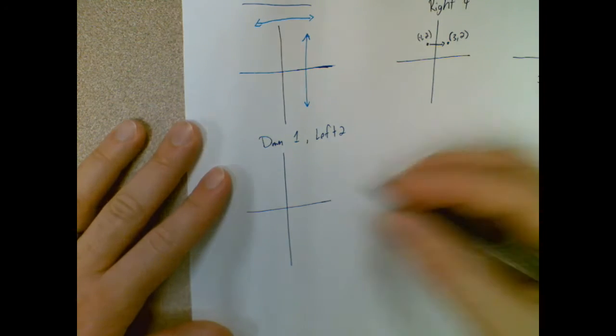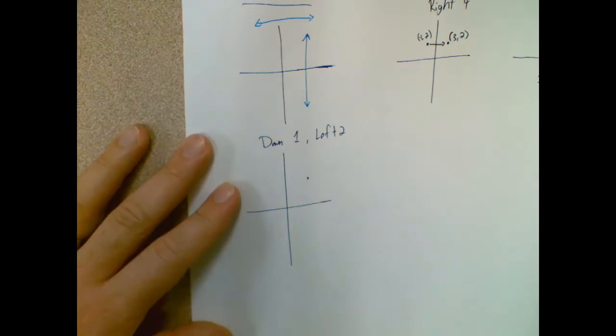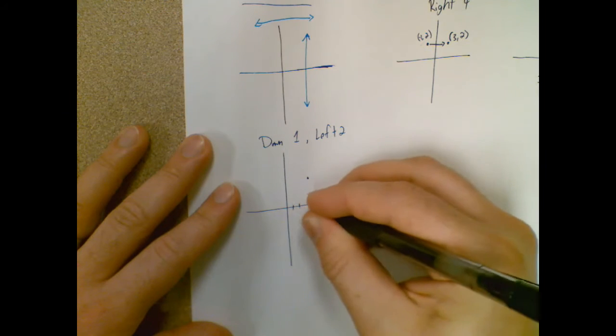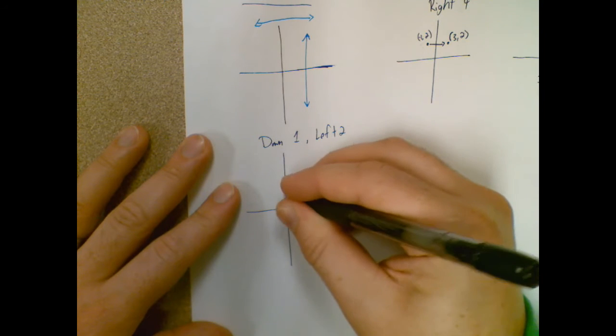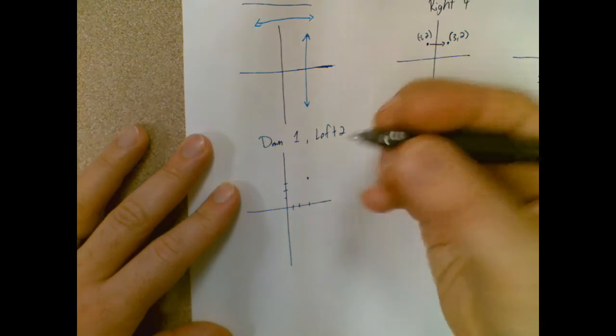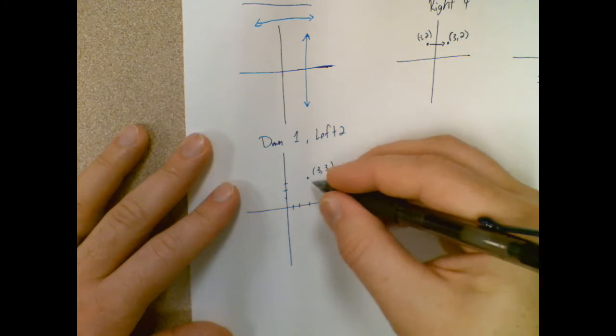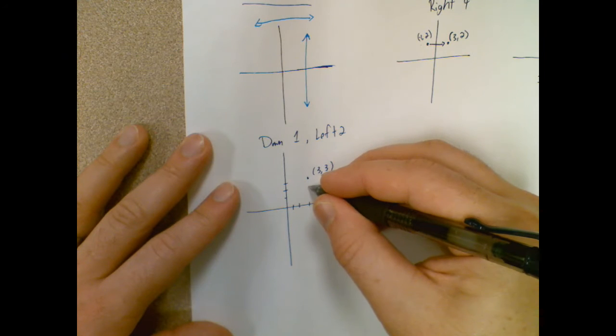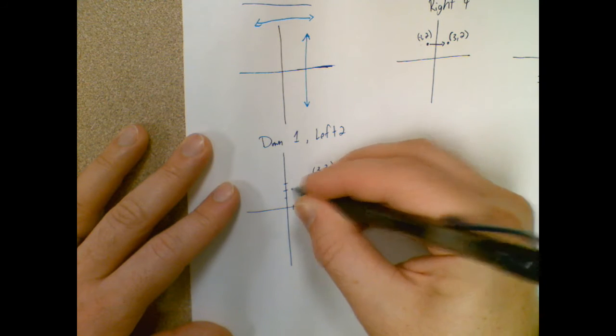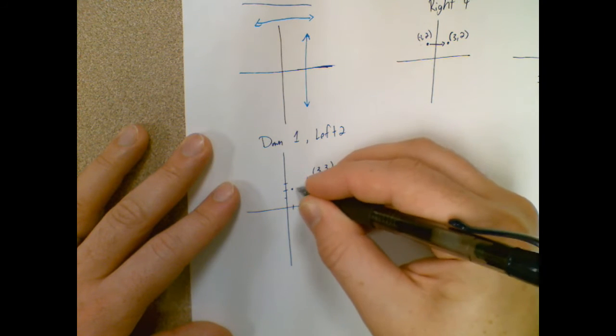Okay. So in that case, if I'm starting over here at 3, 3, according to my marks, then I'm going to go down 1 and left 2, so that it would land me over here, so down 1 over 2, right?